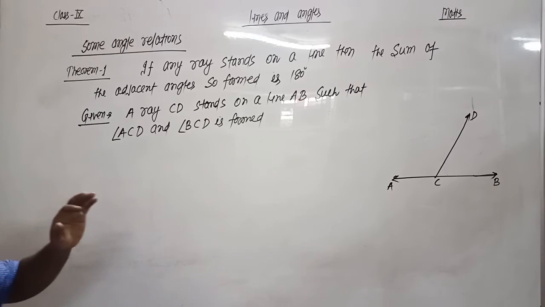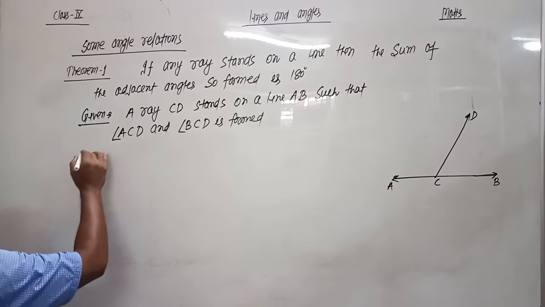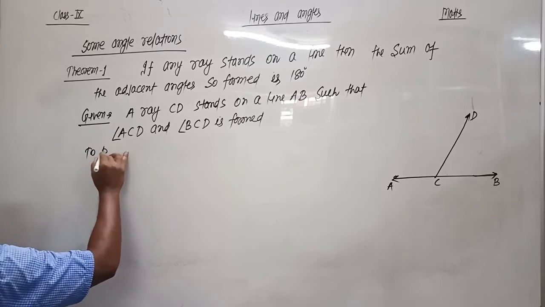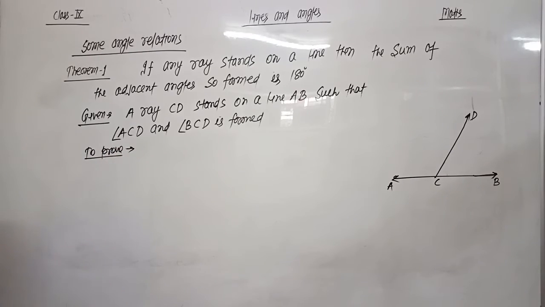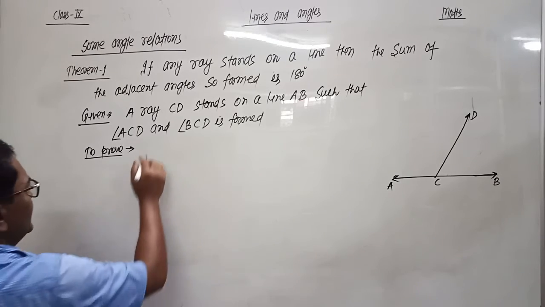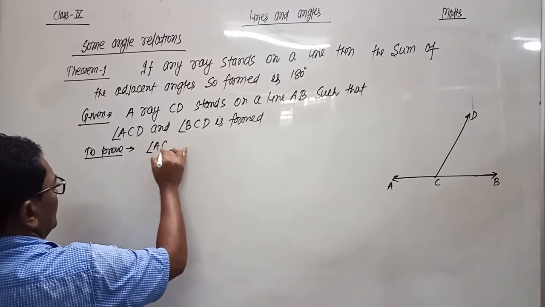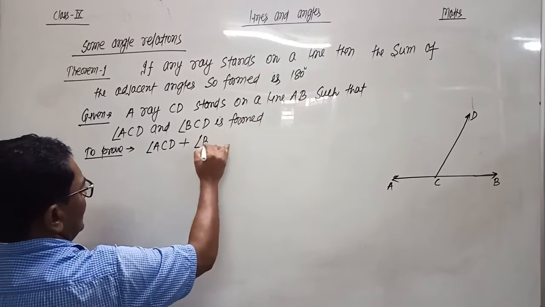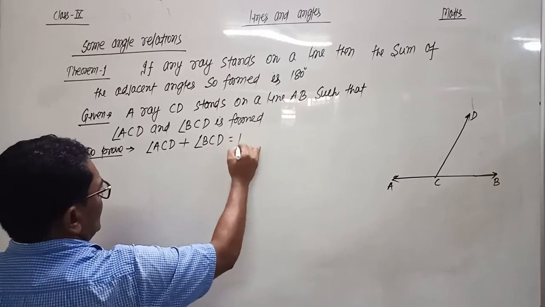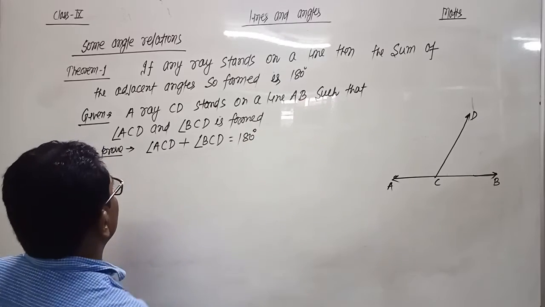Then we write what we have to prove. To prove: angle ACD plus angle BCD equals 180 degrees.